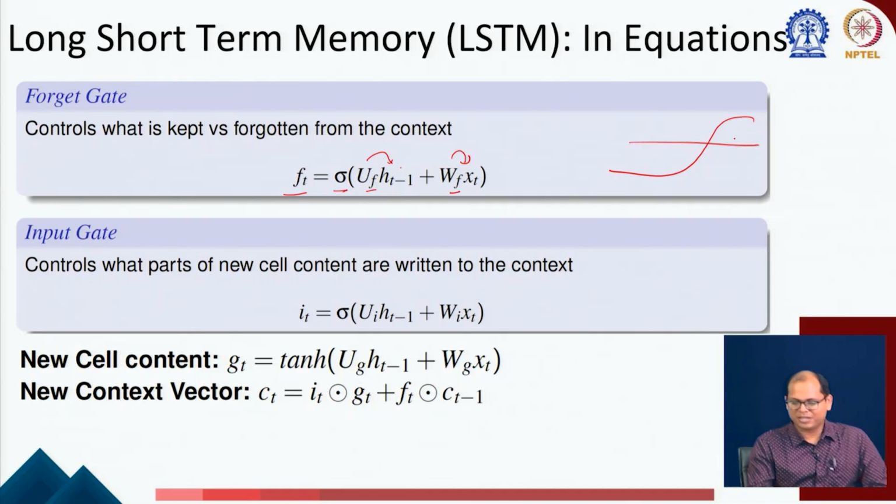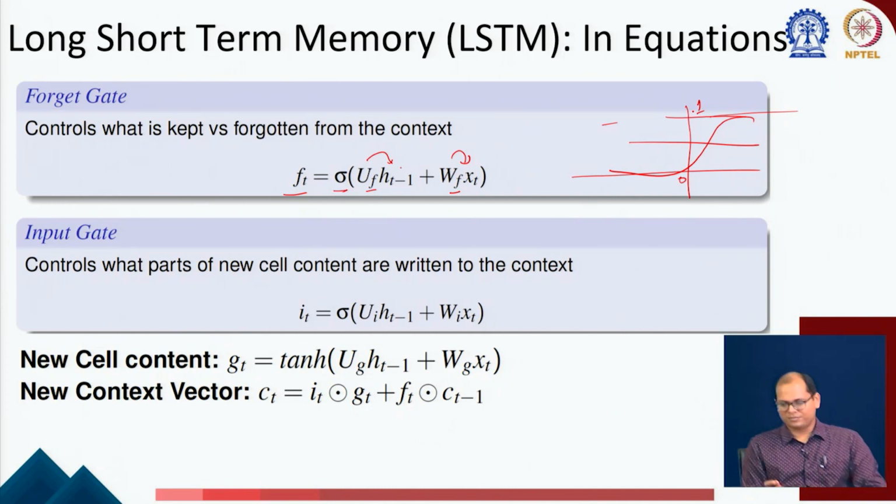It remains roughly 0 or 1 for most of the time duration. Very rarely it goes between 0 and 1. May not be a very good picture, but you get the point. It remains either 0 or 1 for most of the time steps, and very rarely it goes between 0 and 1. So sigmoid is a good way to get a gate.